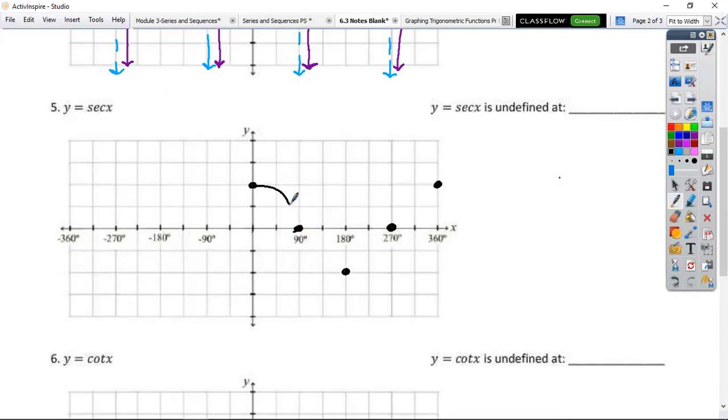So this is your cosine graph. Again, just do this one really lightly in pencil so you've got it. And then this way too. I'm going to go 0, -1, 0. Okay. So that one is just y equals cos of x.